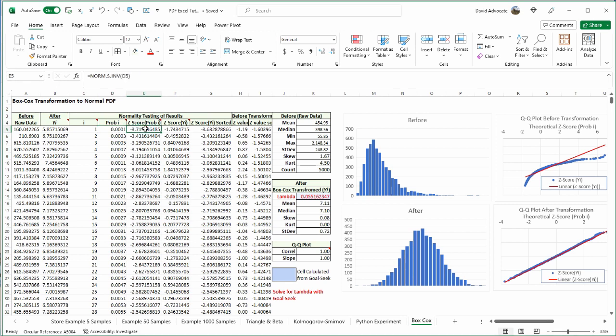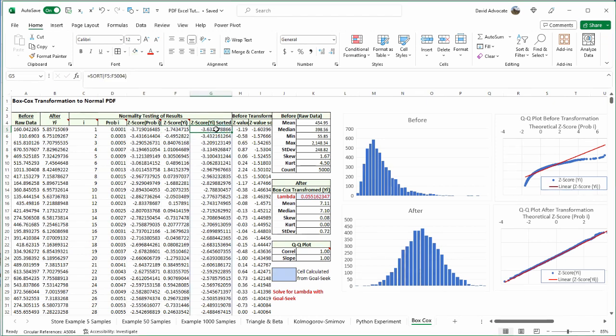And then we calculate the z-score, or it's basically a standard normal distribution, which is our theoretical distribution. Here we calculate the z-score for our transformed data, which is B5, or over here our transformed information, minus the transformed mean divided by the transformed standard deviation.